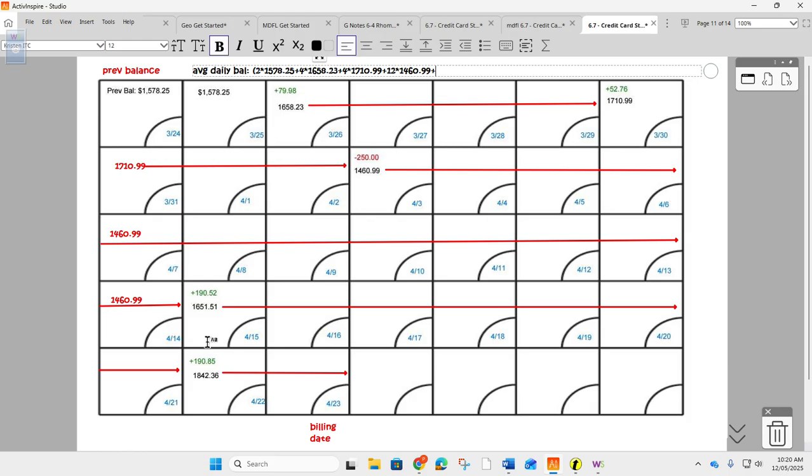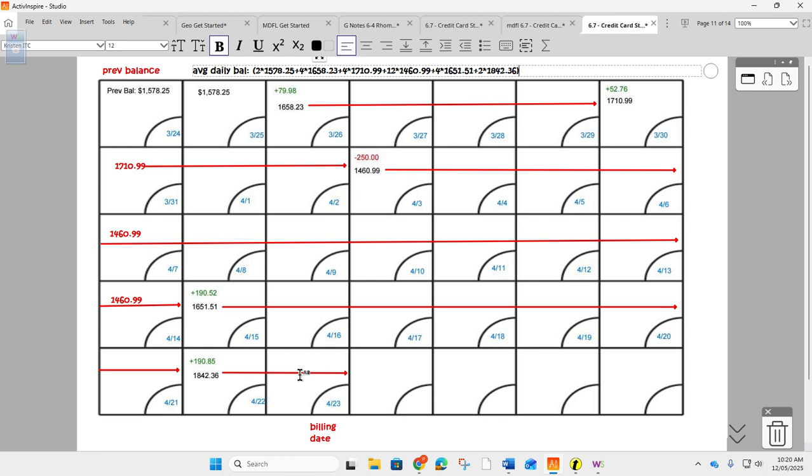Times 16, 51, 6, actually 7, right? I didn't write there. So 7, yep. 7 times 1651.51, and then plus the last 2 days, 2 times 1842.36, and then we're going to divide all of that by 31.